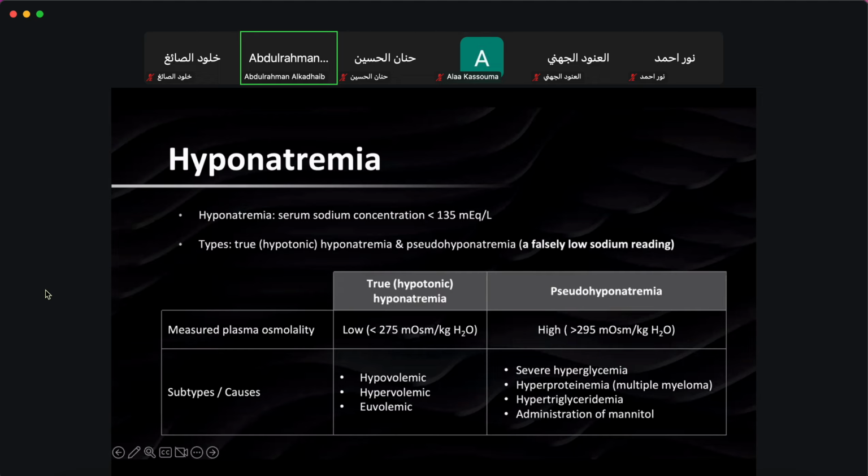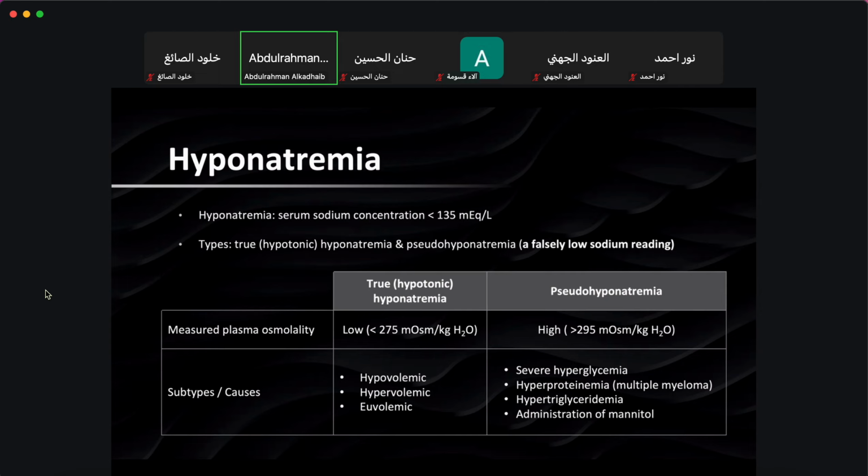The causes of true hyponatremia, we usually classify them based on the body volume into three main types, including hypovolemic hyponatremia, hypervolemic hyponatremia, and euvolemic hyponatremia. And as we said, in cases of pseudo-hyponatremia, the patient has other particles that may make the osmolality high and the sodium level falsely low, but actually it's not low.